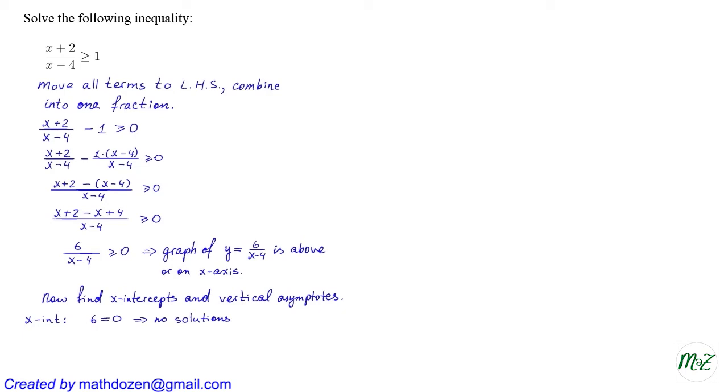And that has no solutions, so there are no x-intercepts. For the vertical asymptotes, we set the denominator, x minus 4, equal to 0. And that is going to give us x equals 4. So now we'll make a picture.